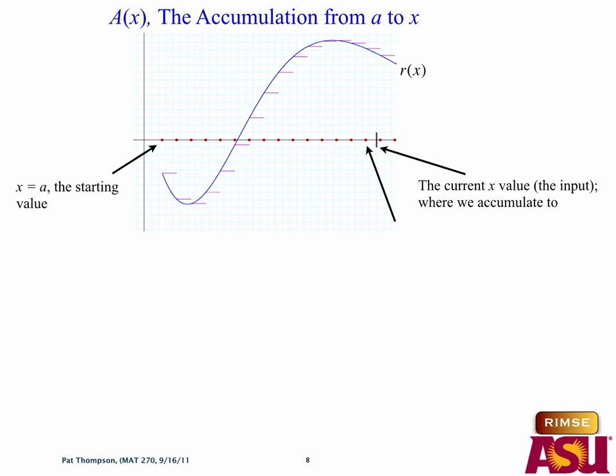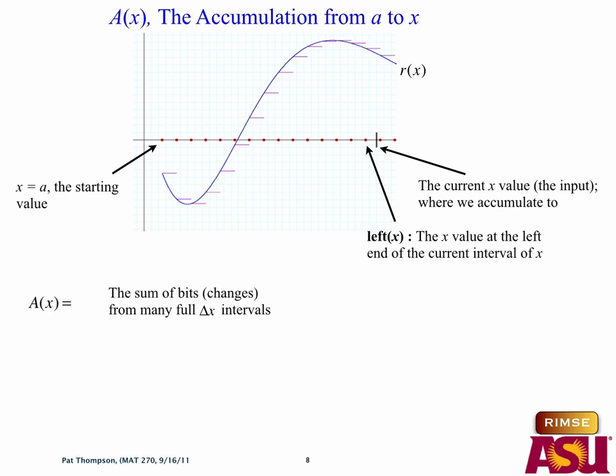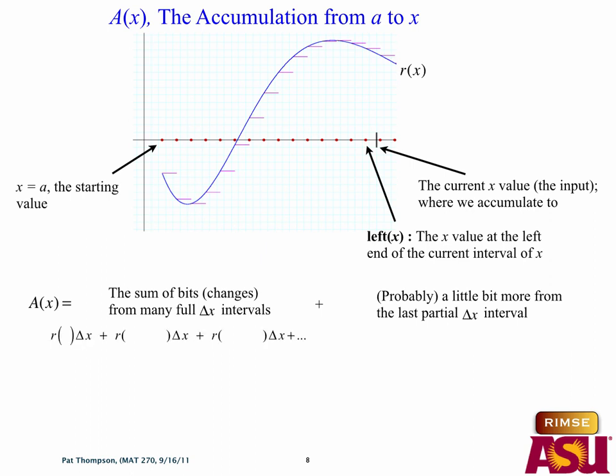That is the left x value, left of x, the x value at the left end of the current interval of x. So A of x is going to be the sum of bits from however many full delta x intervals you have, and add what most likely will be the case, a little bit more from the last partial delta x interval.